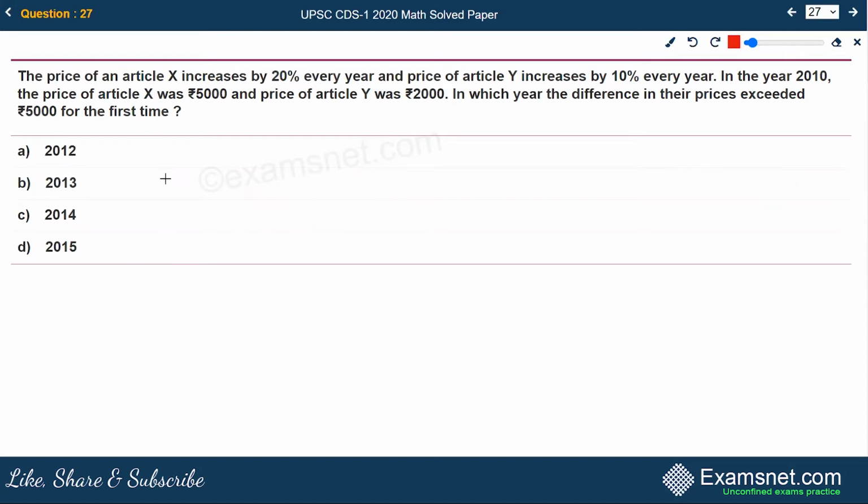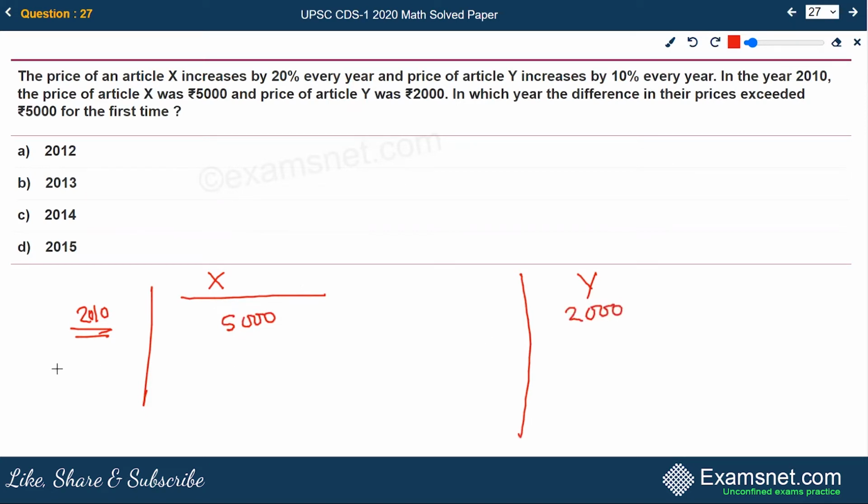So let's make a table. For 2010, this is for X and this is for Y. For X, the price was 5,000 and for Y the price was 2,000, correct?